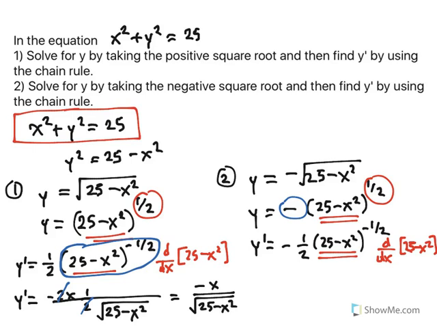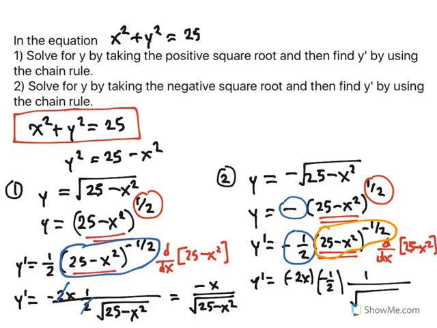The derivative of the inside function is negative 2x, so I have y prime is equal to, I have this negative 1/2, and then I have negative 2x, the derivative of the inside function, times negative 1/2. And of course, this power here with the negative exponent can be taken to the denominator, and it will have a positive exponent of 1/2, which can be written as square root.